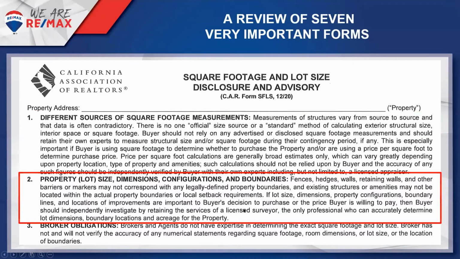Now, it's the same with property lot sizes. Fences, hedges, walls, that sort of thing may not correspond to the legally defined property boundaries. And in fact, existing structures may not even be within the property boundaries.